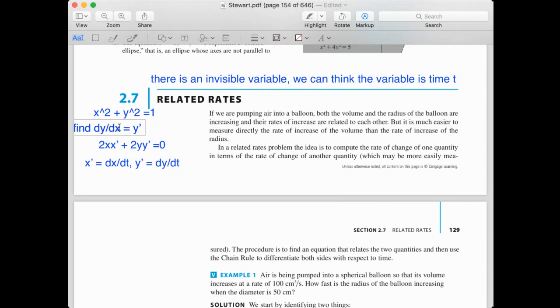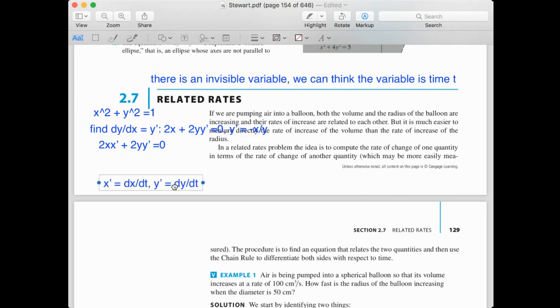We get 2x, with dx/dx just 1, so we ignore it, plus 2y y prime equals 0. Then we solve that: y prime equals negative x divided by y. This much we know so far. Let me put this one here.